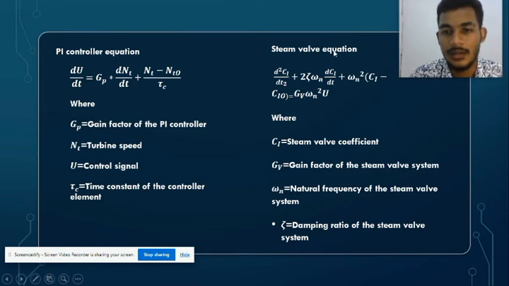Okay, we look at the steam valve equation. This is the second order derivation.